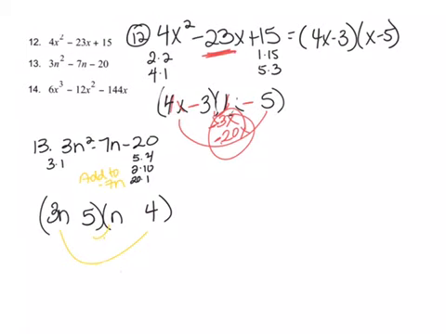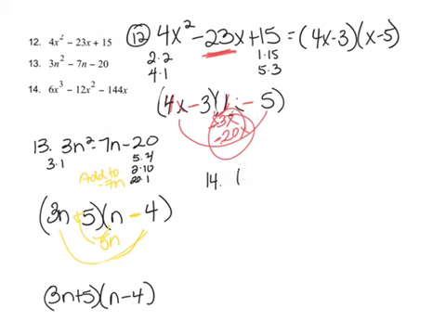So that's 3n times 4 gives us the 12n, and 5 times n is 5n. If I subtract 5n minus 12n, that gives me negative 7. So it's going to have to be the negative 4 and the positive 5. So it's 3n plus 5 times n minus 4.